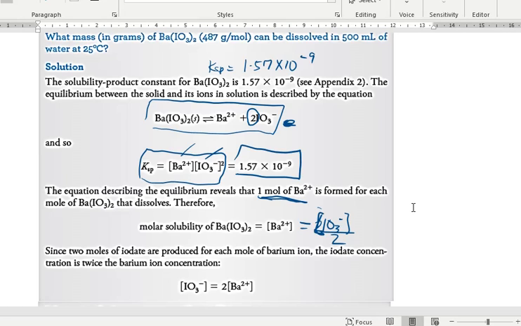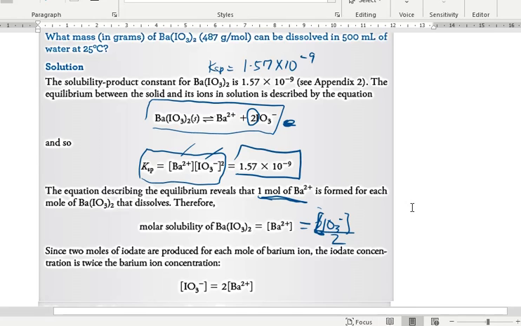Because you have two iodate ions, right? So, since 2 moles of iodate are produced for each mole of barium, the iodate concentration is twice the barium ion concentration. Right? It's like the let x earlier, the let x in the ICE table.